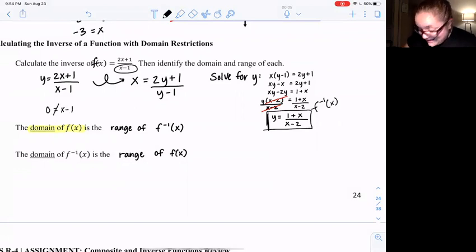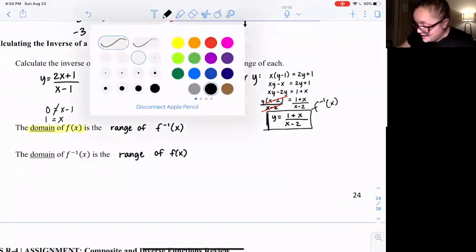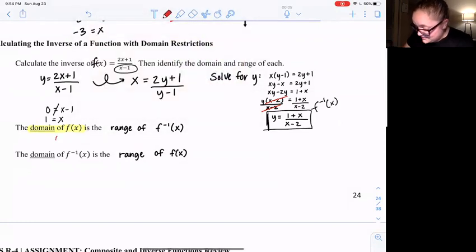The denominator can never equal 0, so basically x can't equal 1. And so the domain of f of x is negative infinity to 1 union 1 to positive infinity. Now, this domain right here is the range of f inverse.